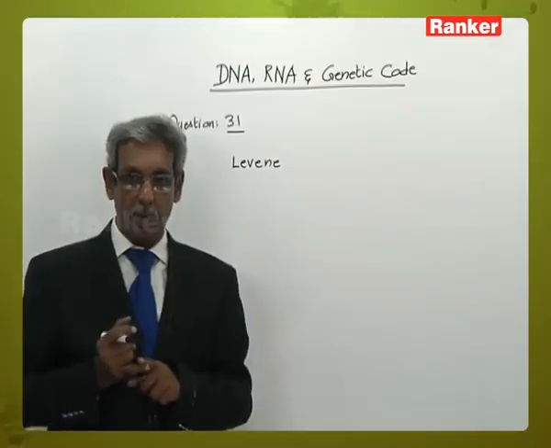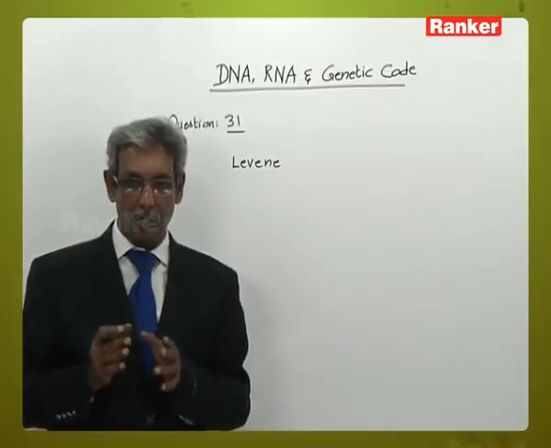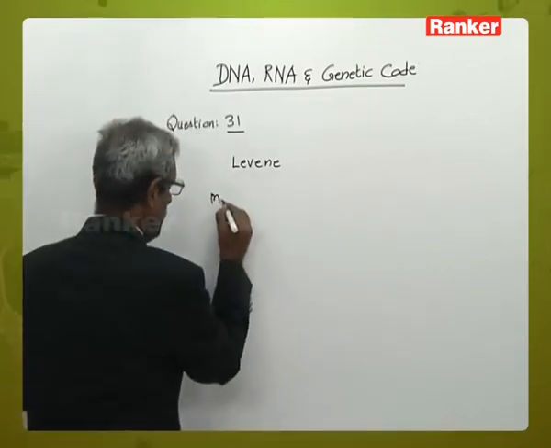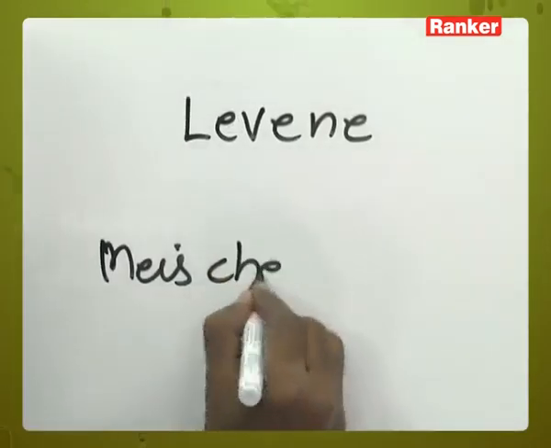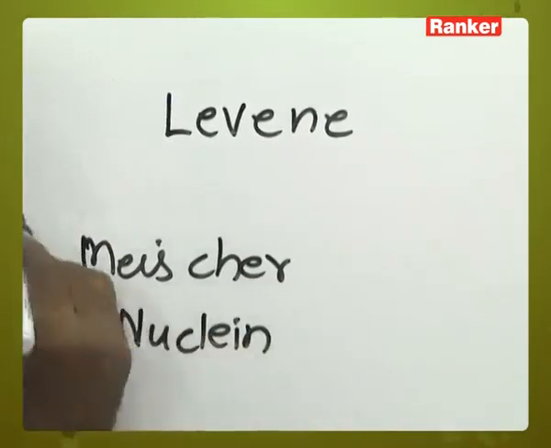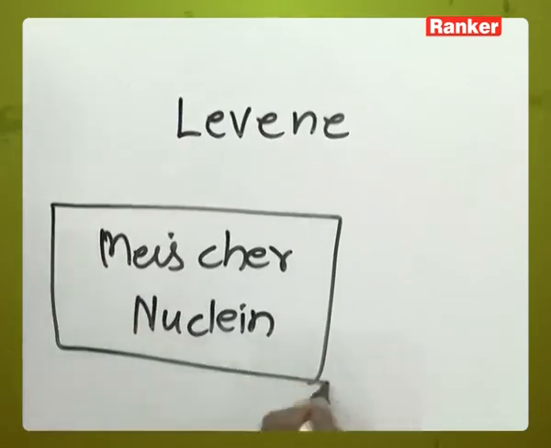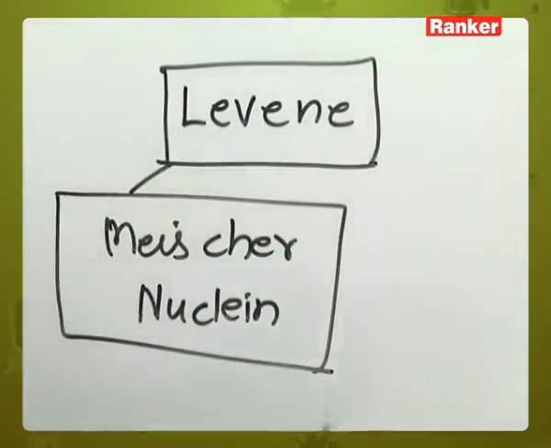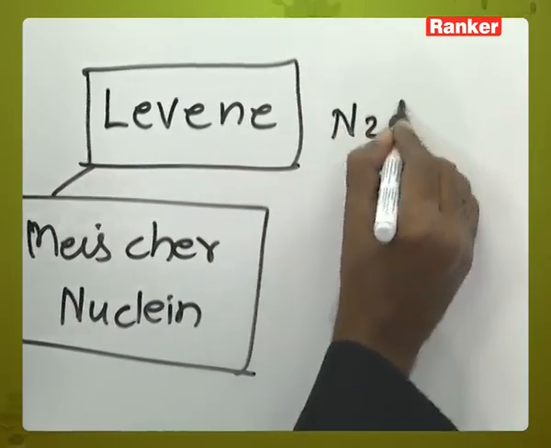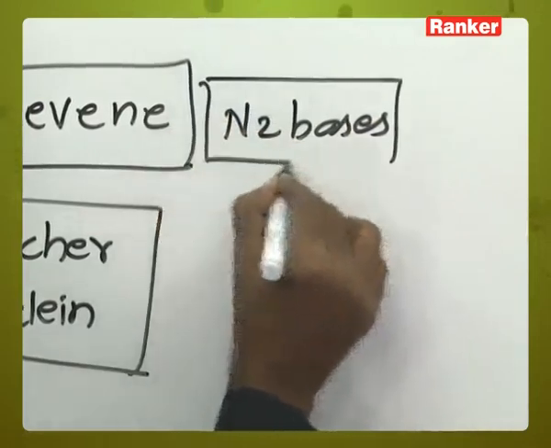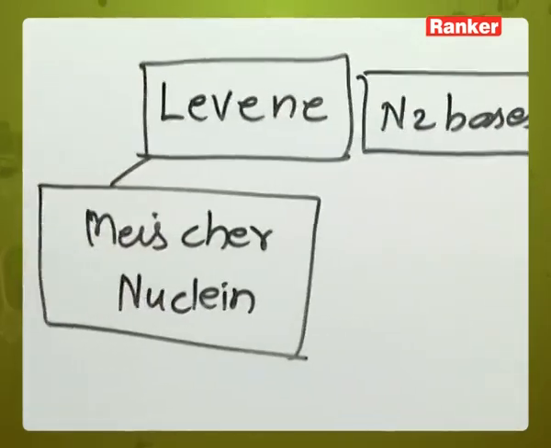Levene was a scientist who had primarily studied the chemical structure of Miescher's nuclein. So, Miescher isolated nuclein. Levene studied what exactly are the nitrogen bases.